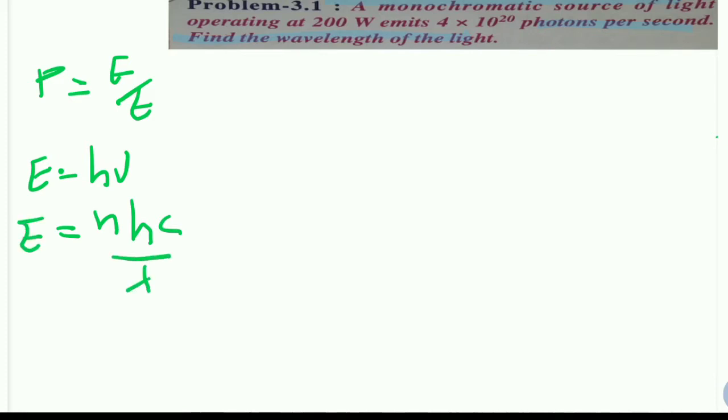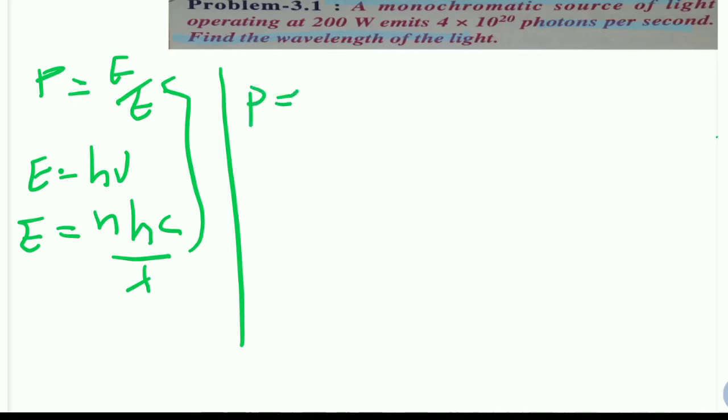Substituting this E value in power, P is equal to N by t into h c by lambda.